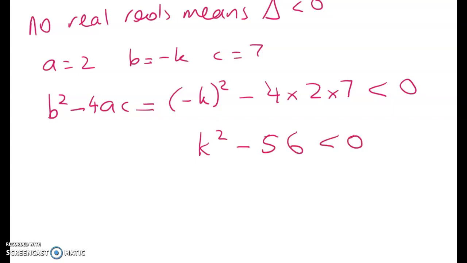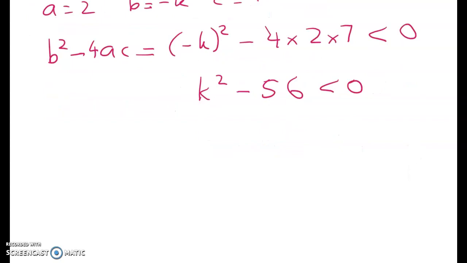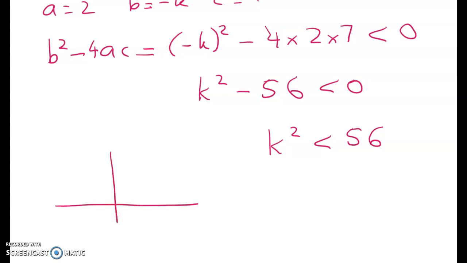So this is what we call a quadratic inequality. And to solve that, we can say k squared must be less than 56. But we need to be really, really careful here, because if you think about what that looks like, if we drew a parabola just with k, there's my k squared. That's what it looks like. We want to know when k squared is less than 56. So we could draw 56 on here like this.